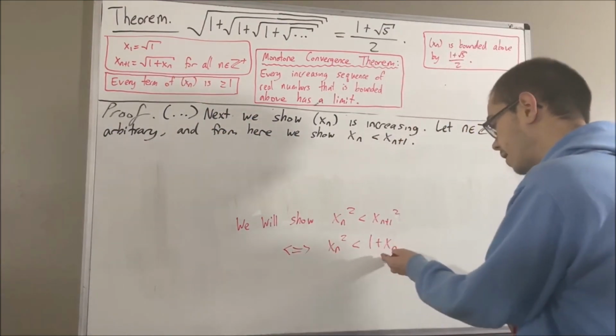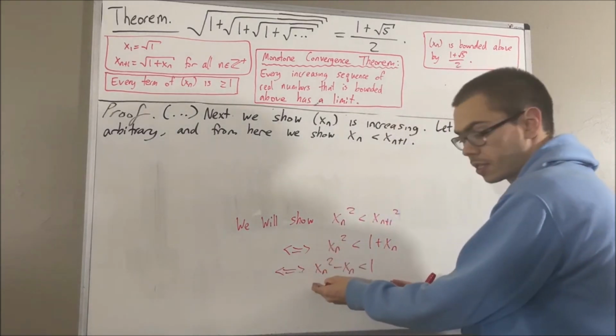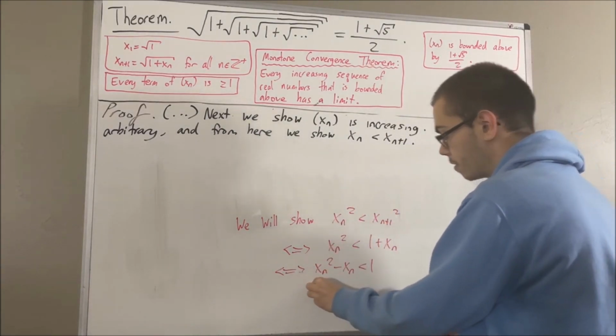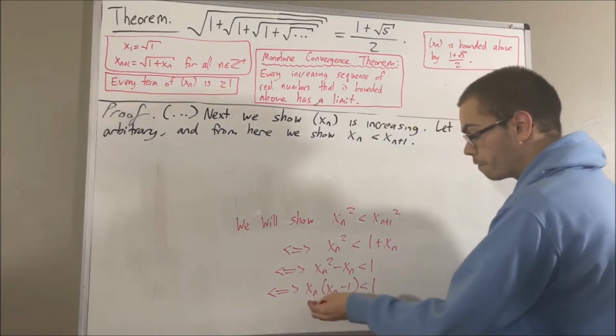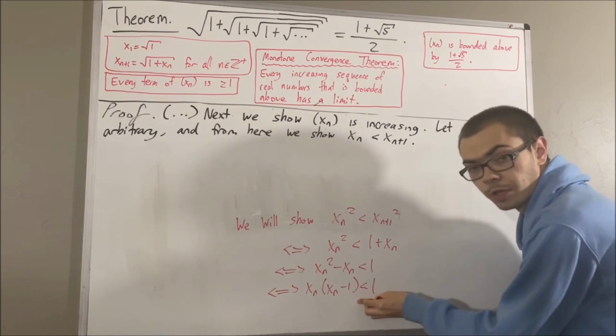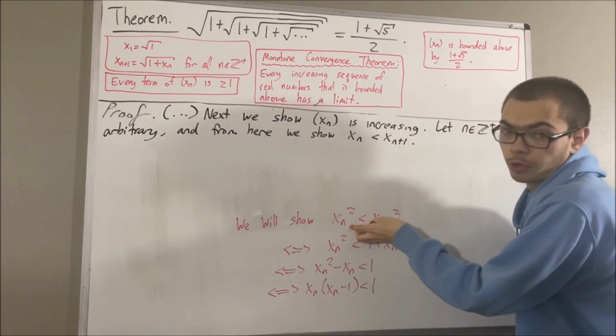And then if we subtract xn to the other side, well then this is equivalent to this. And then if we factor out xn, this is equivalent to this. So if we have shown that this inequality is true, then we will have shown that this inequality is true, because these are all equivalent.